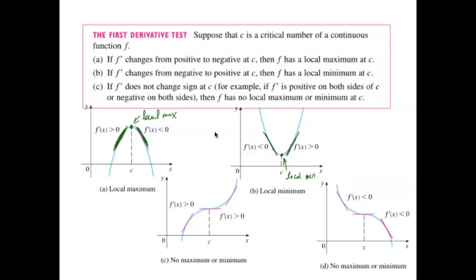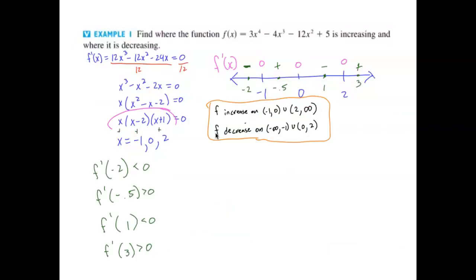And then finally, if there is no change in sign for f prime, for the derivative at c, so let's say we have a critical value, we have a place where the derivative is 0 like this, but we do that little number line test that I did on the previous page, and let's say there is no change in sign of the derivative.